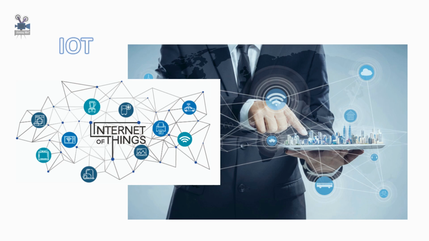Top Internet of Things examples to know: connected appliances, smart home security systems, automation in farming equipment, wearable health monitors, smart factory equipment, and so on.